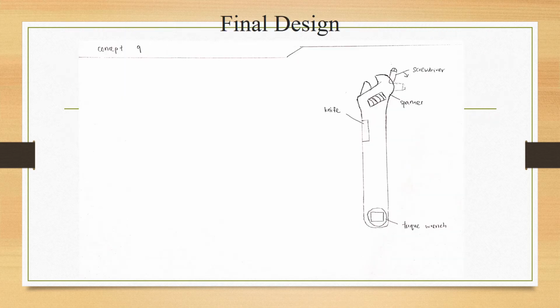This is my final design, concept 9. The design is almost the same as the spanner, but I just add on a screwdriver, knife, and the top wrench. This is because this design will be more familiar and easy to use for the user.